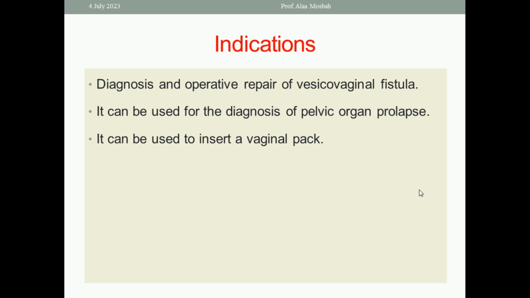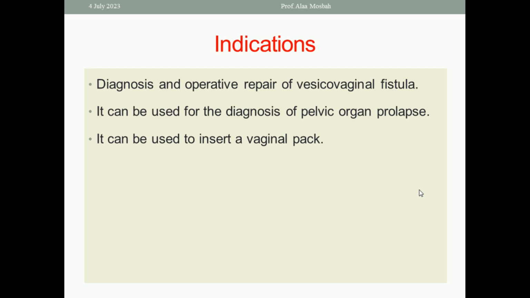I retract the posterior vaginal wall using the Sims speculum, so I can see the anterior vaginal wall very well. So both diagnosis and operative repair of vesico-vaginal fistula can be achieved using the Sims speculum.